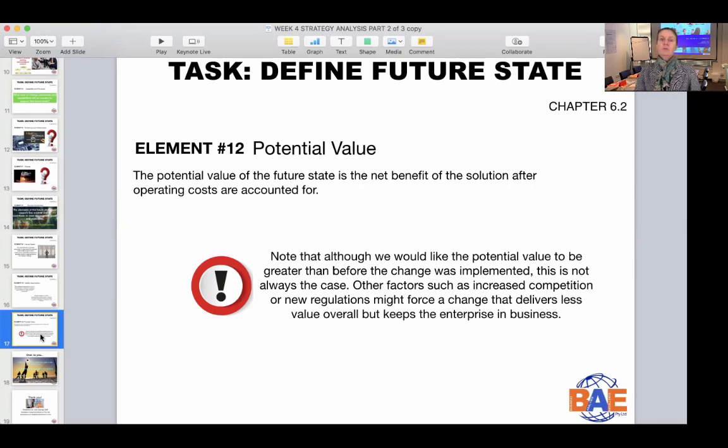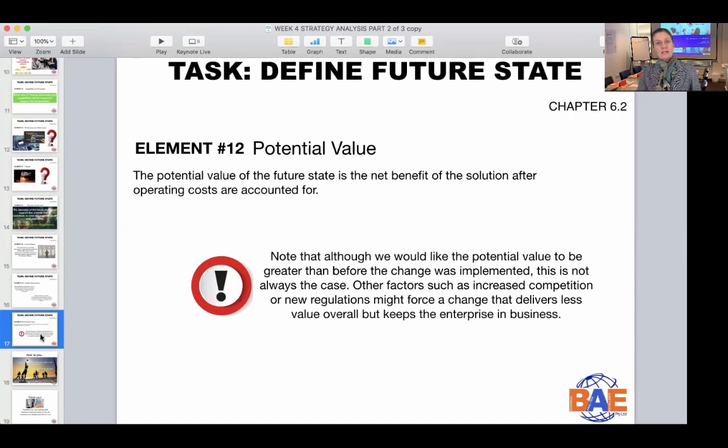So it's important to also realize that the potential value of any future state or future solution may in fact not be there. There may be a negative value, or there may be no value increase to the organization as a whole. And this could happen when we've implemented something purely to meet a regulatory requirement or be compliant in some way, or simply to stay ahead in terms of our competition.